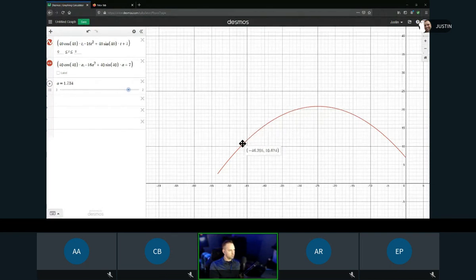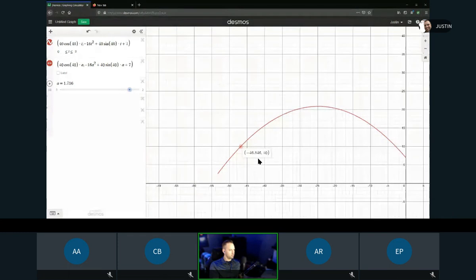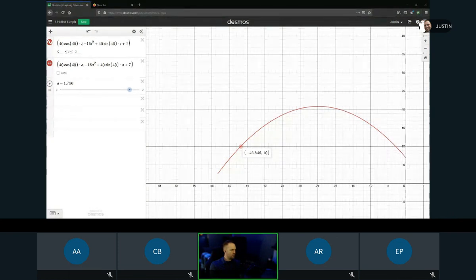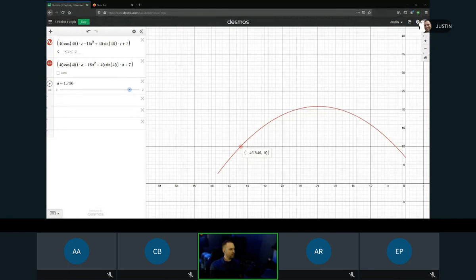So it reaches 10 feet at 46.84. I'm lost. I'm confused of why it's not working out. Let me look at this, and then I'll probably email everyone of what is going on with Desmos.